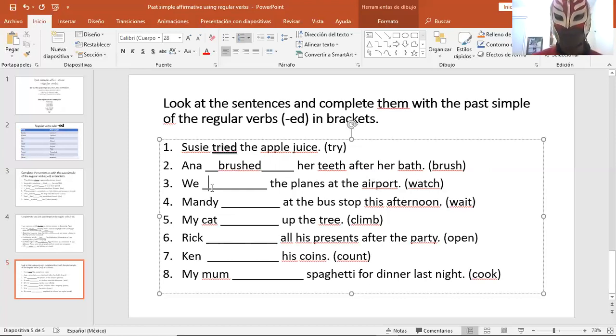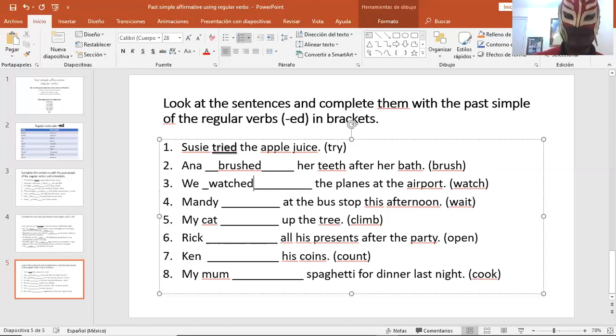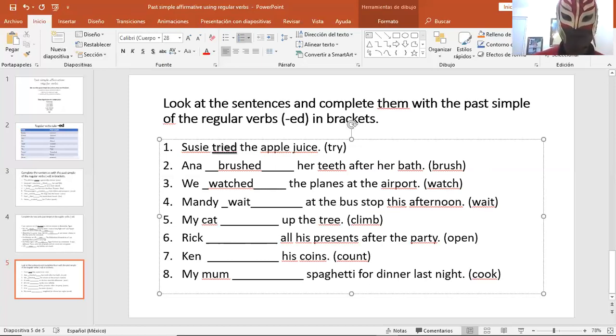Since watch is a regular verb, you write it with ED, watched. We watched the planes at the airport. Okay, number 4, the verb is wait. The past simple of wait is waited. Mandy waited at the bus stop this afternoon.